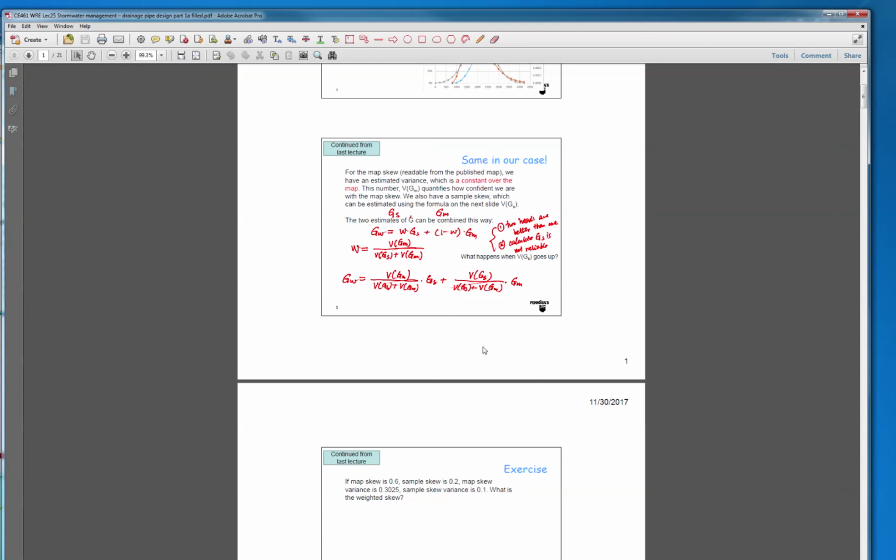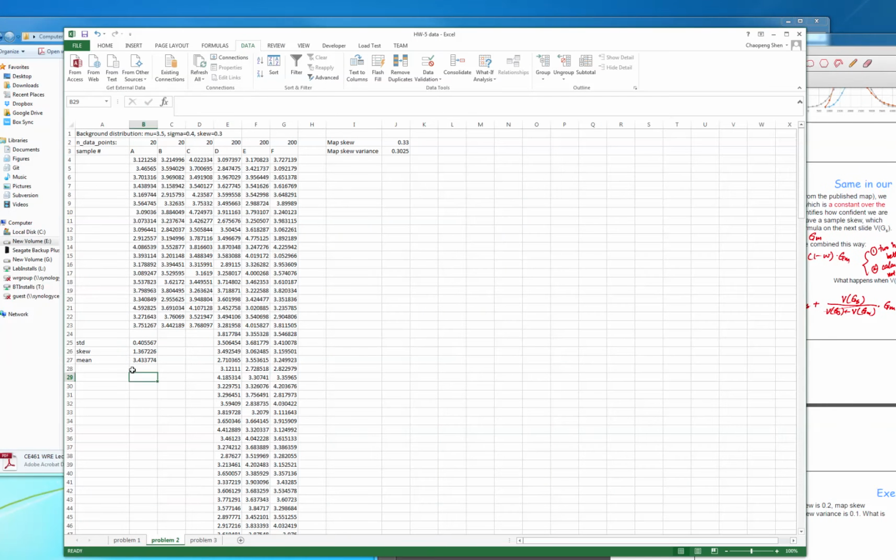But the key here is to remember that the variance of the sample skew is not the variance of this column. It is not this variance. If you do variance of this and you calculate, this is not right.